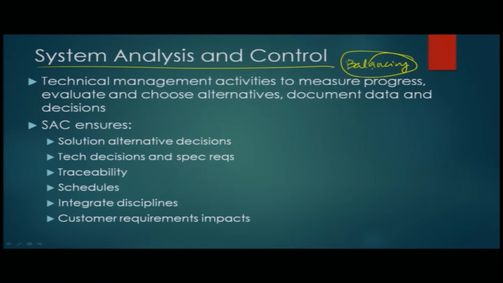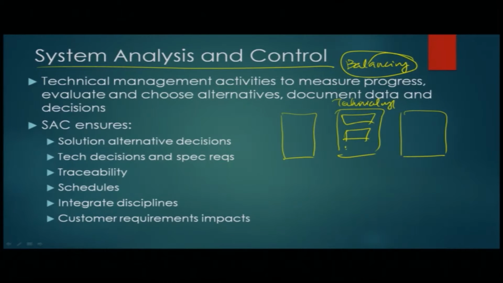It is the technical management, or in the previous diagram, the modified systems engineering, where we had a technical management group with subgroups underneath, and we drew diagrams like this. This is the equivalent of SAC, in both cases systems analysis and control.